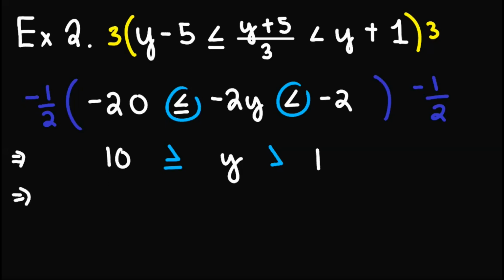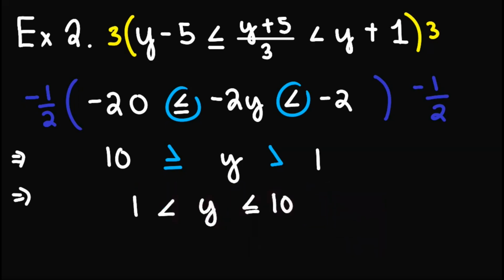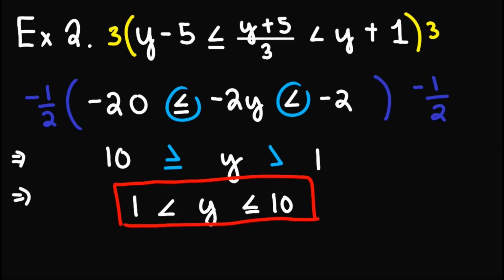So just rewriting this again, we'll have this. So basically, I just rotated it again to make it look more like what we want. And this one out here is actually the answer. So all values of y that will satisfy the given inequality are from 1 to 10, with 10 included.